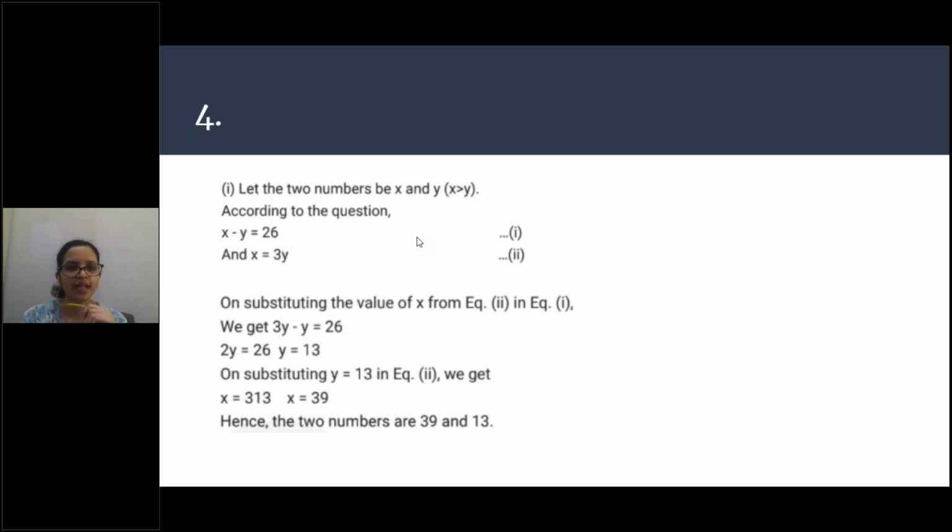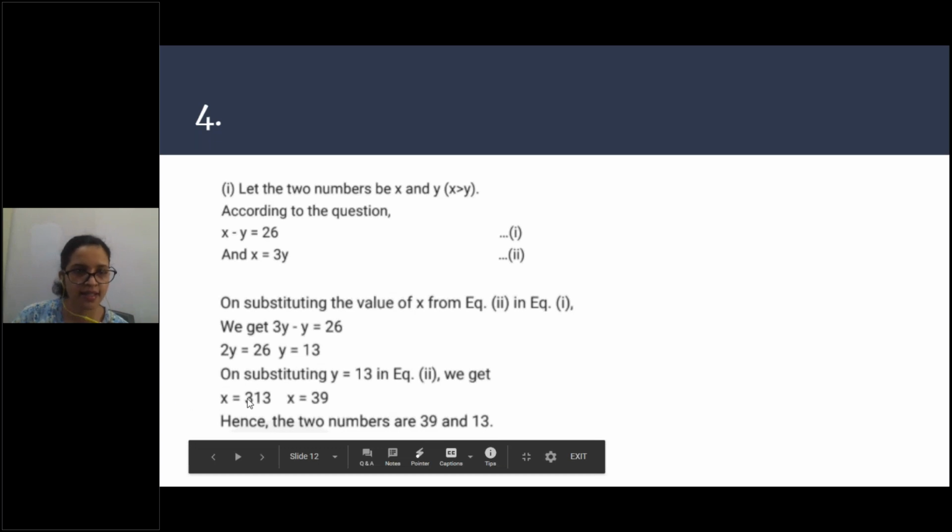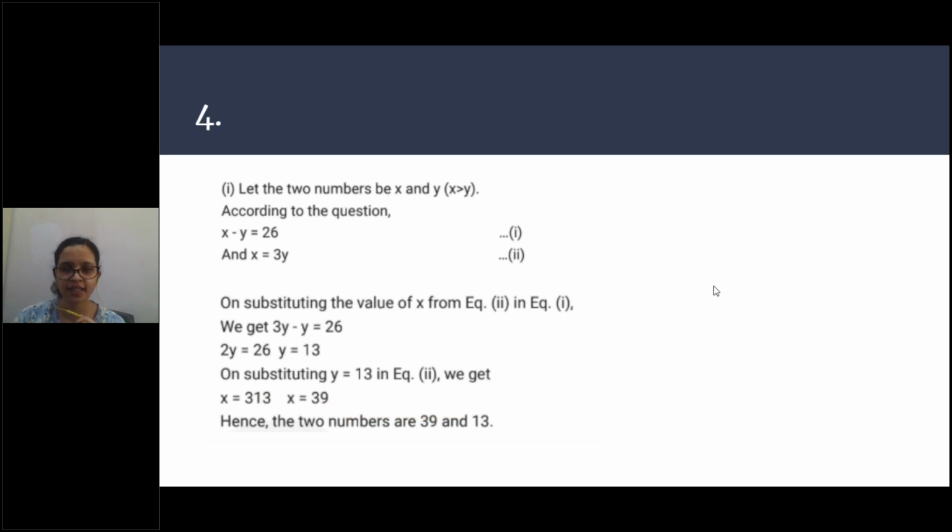The second equation is already one value in terms of the other, so you directly substitute equation 2 in 1 and you get the answers. Here there is an error. Here x is 3 into 13, not 313. 3 into 13, that's how it's 39. So the numbers are 13 and 39.